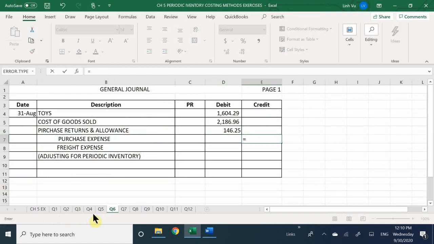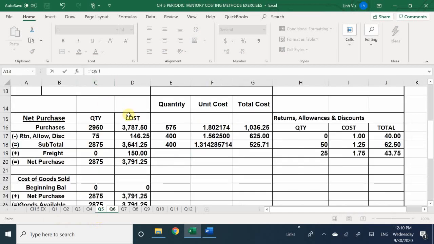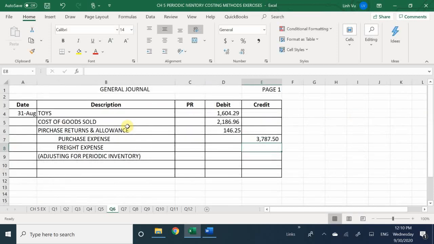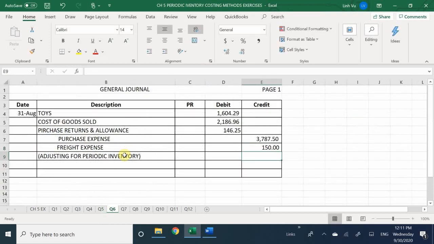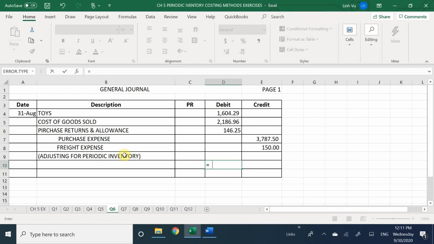My total purchases was for the 3,787. My total freight here was for 150, and that should be my ending inventory. That should be the last thing I need to enter in here, and let's make sure our debits and credits equal.